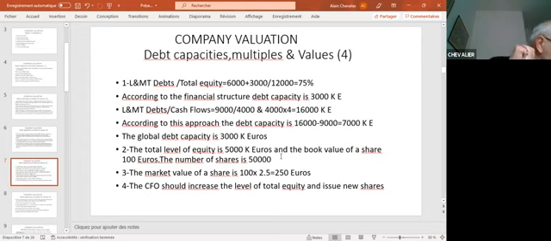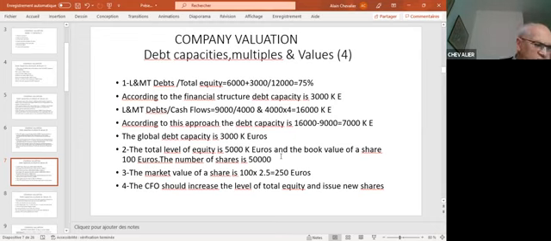This means we are also able to calculate, if we need it, which is not the case here, the total value of the company, because the market value of the share is 250 euros, and we have the total number of shares. So if you multiply 250 euros by the number of shares, you get the market value of the company. That's what you have.